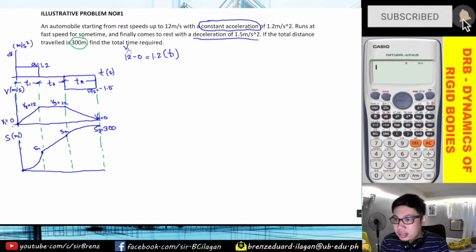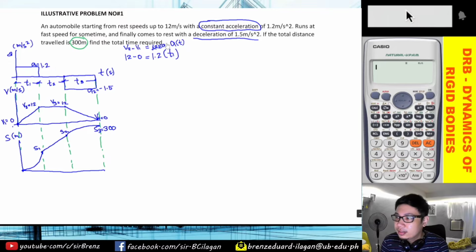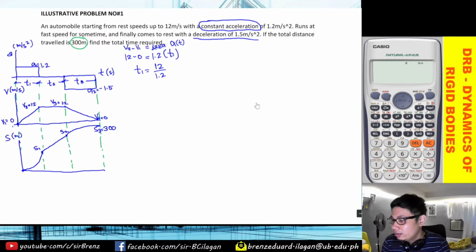So that is V2 minus V1 is equals to yung area nung acceleration diagram. So what will be the value of T1? That is simply equals lang sa 12 over 1.2, or that is equivalent to 10. Tama ba?